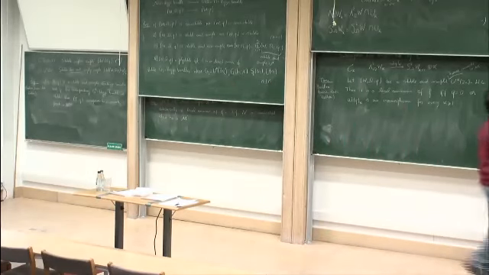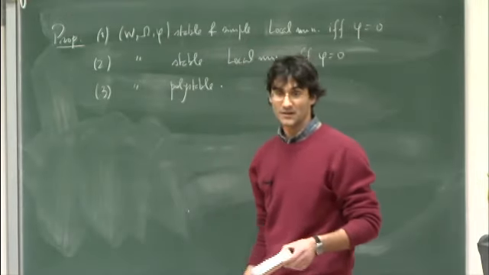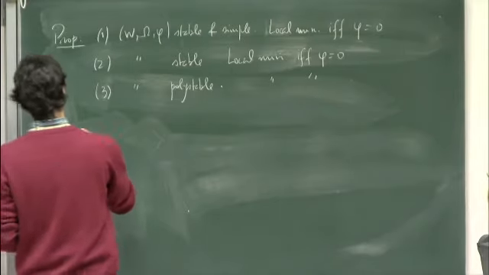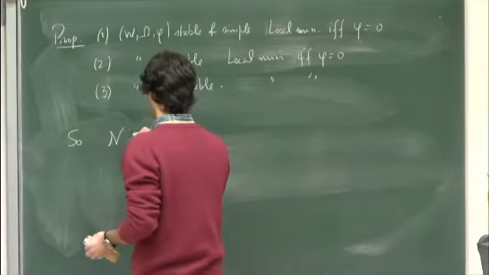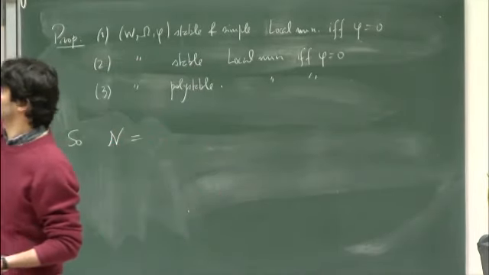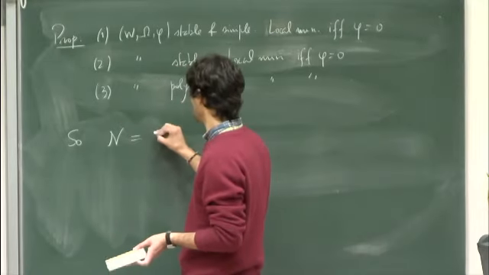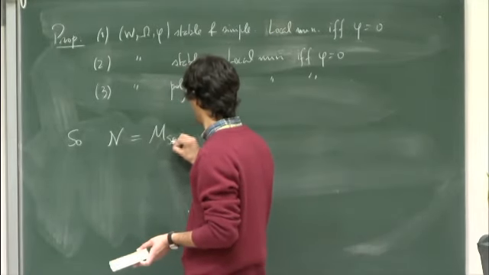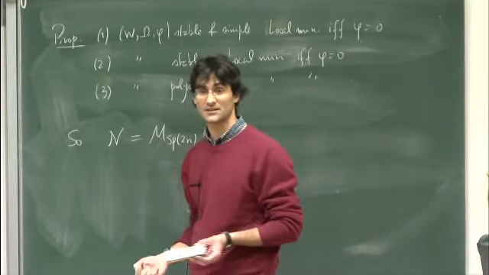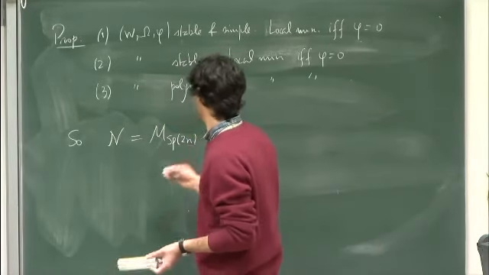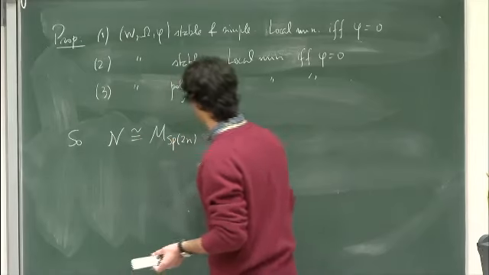So local minimum means phi equals 0. So the minimum subvariety here, this N here, so N is isomorphic, phi must be 0, so we only keep the vector bundle. So it's isomorphic to the moduli space of Sp(2n) bundles, which is the moduli space of symplectic vector bundles. And this is connected.